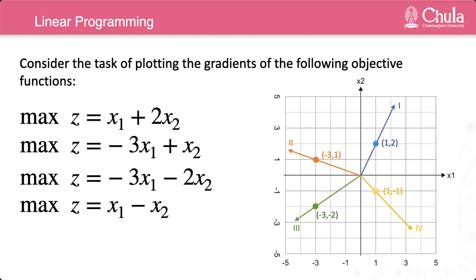We can draw a vector passing through the origin and (1, 2). Where did I get the (1, 2) coordinate? It's from the coefficients of the objective function because it's 1, 2, right? So this direction is the gradient of this function.